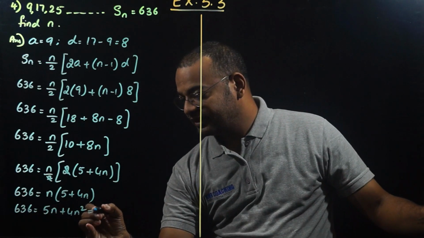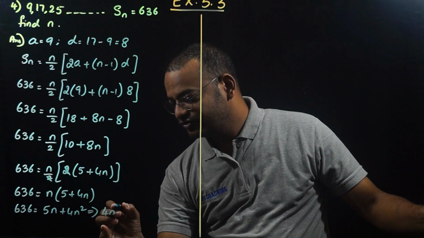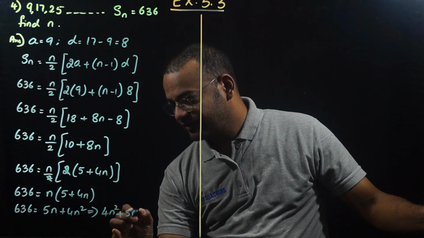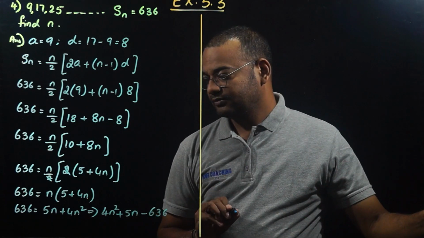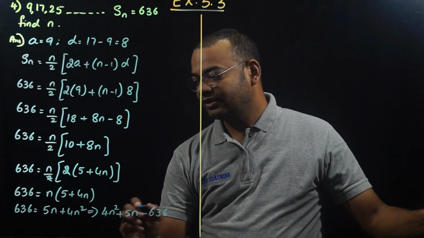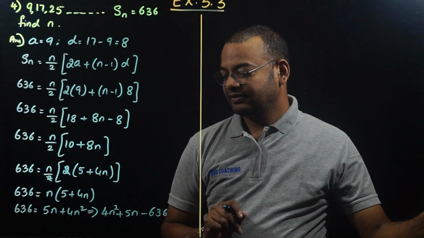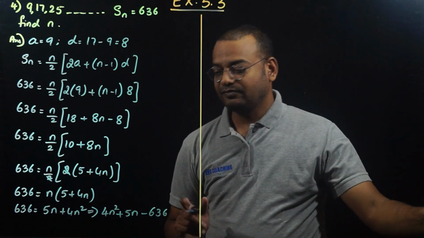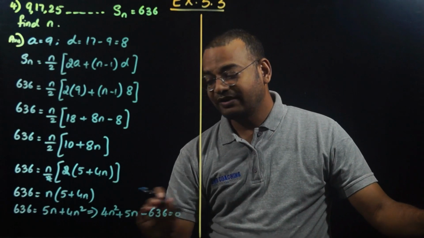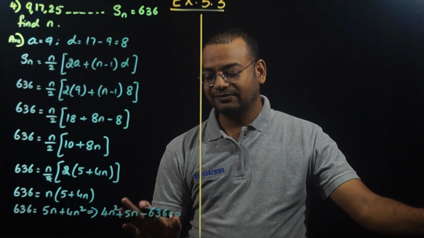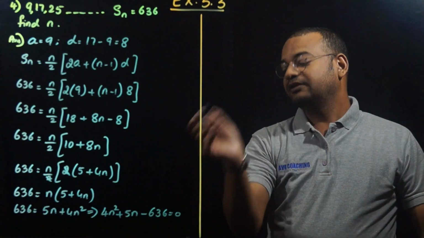This can also be written as 4n square plus 5n minus 636. Now, this is a quadratic equation. So, to find the n value, we have to factorize the quadratic equation.